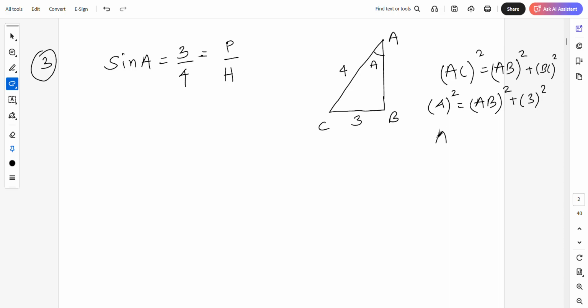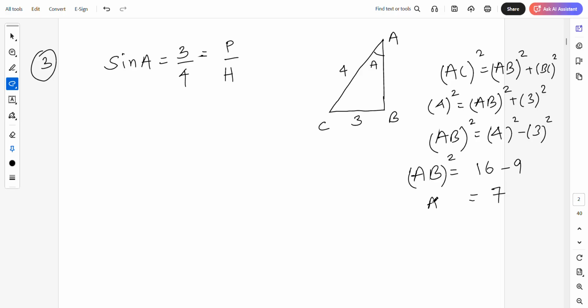Simplify: AB the whole square will be equal to 4 the whole square minus 3 the whole square, that is 16 minus 9, which is 7. Therefore, AB will be equal to root of 7 units.